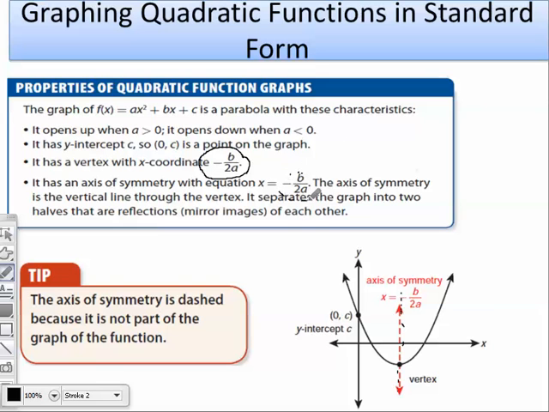We take negative b divided by 2a, and that will tell you the x value of the axis of symmetry. That's simply that red line. To find the actual vertex, this point way down here, you have to take that x value, stick it back into the equation, and solve it for the y value, for the f of x.